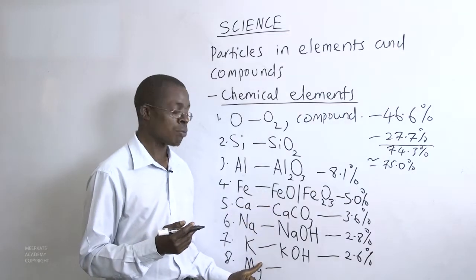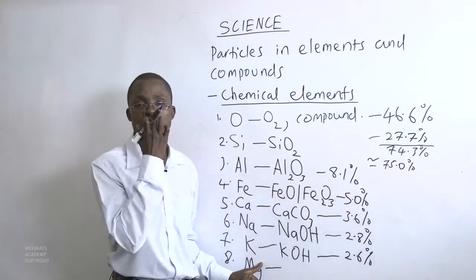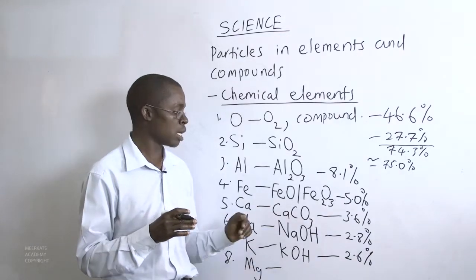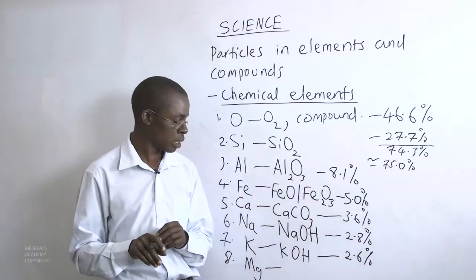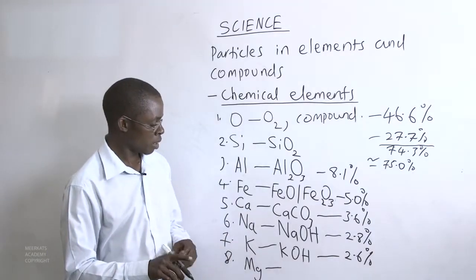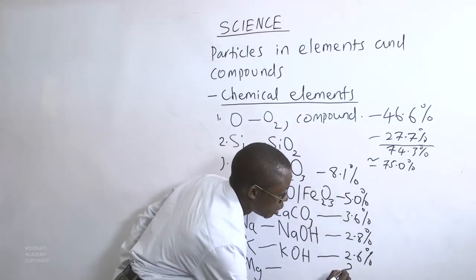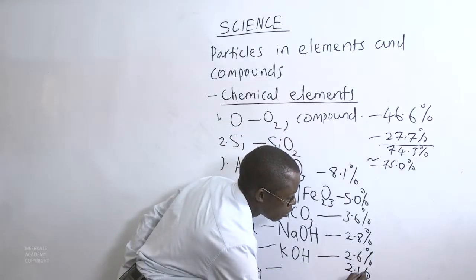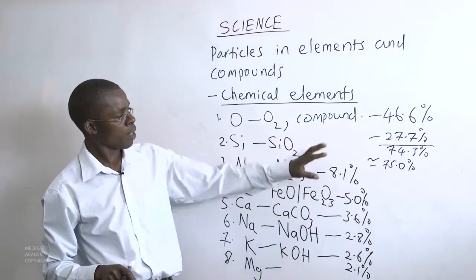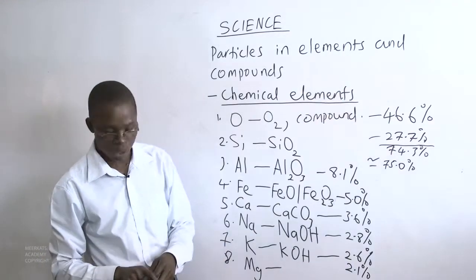For plants, magnesium is the center point element in making chlorophyll, which are important in either of the two existences. So the composition by percentage of magnesium is 2.1%.